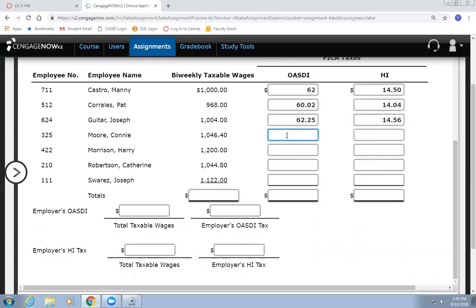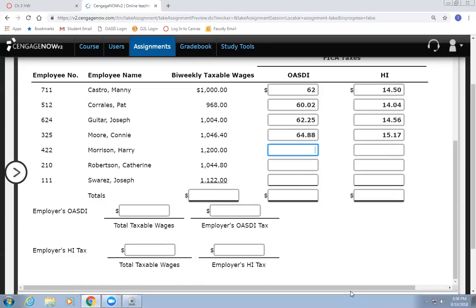You can also use the check my work, of course. And then we move on to Connie. Her Social Security contribution should be $64.88, and Medicare, $15.17.